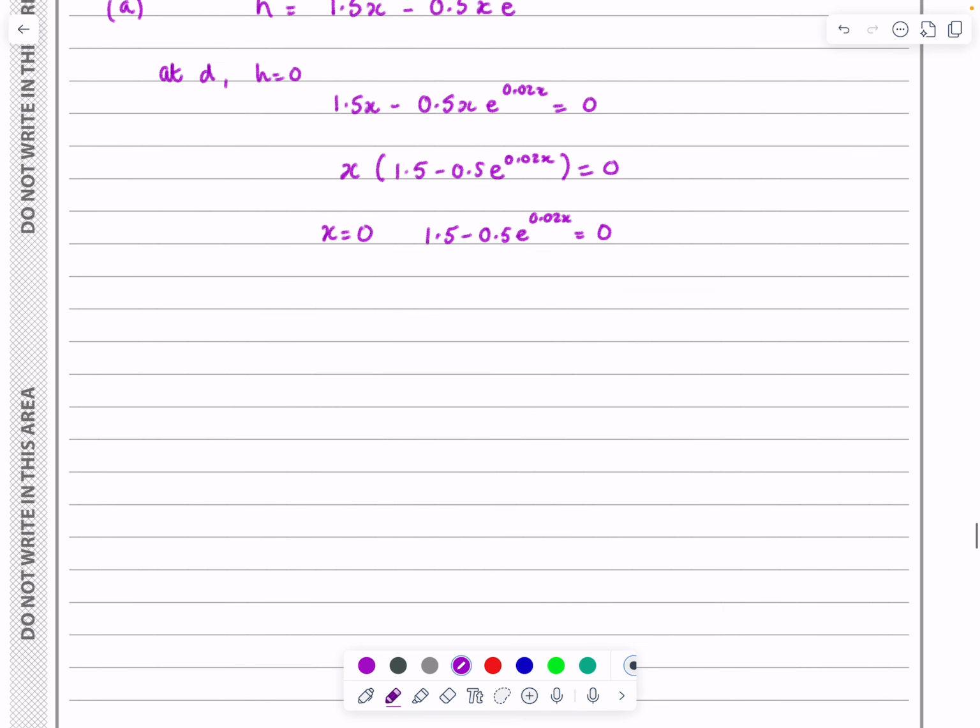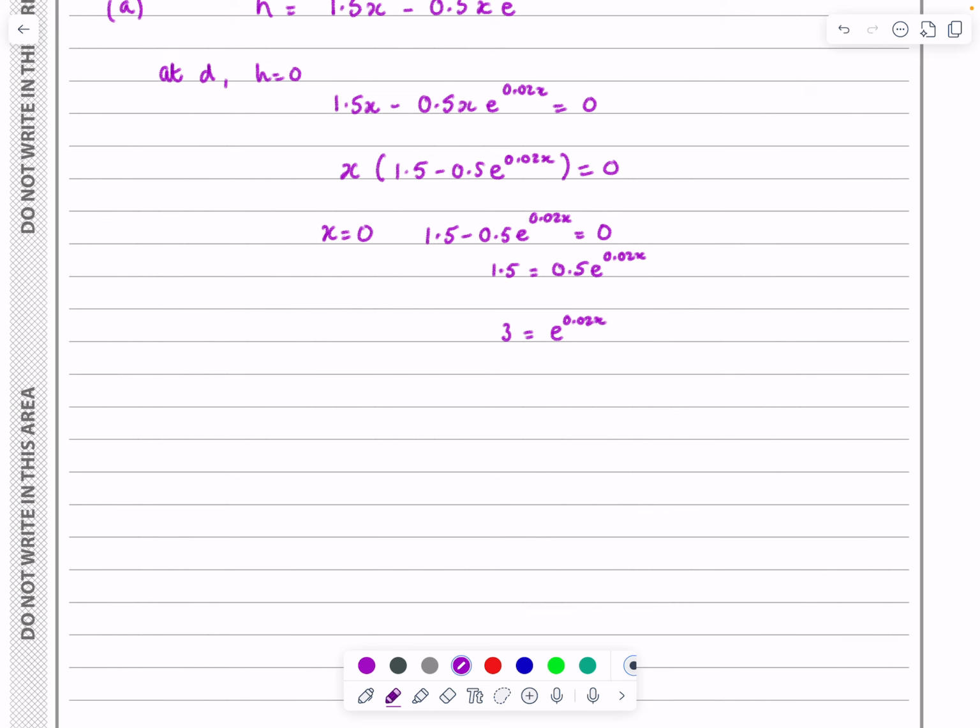So it's relatively straightforward rearranging here, just not very nice numbers to be working with. We're going to say 1.5 is equal to 0.5 e to the 0.02x. Divide both sides by 0.5, so we're going to get 3 equals e to the 0.02x.